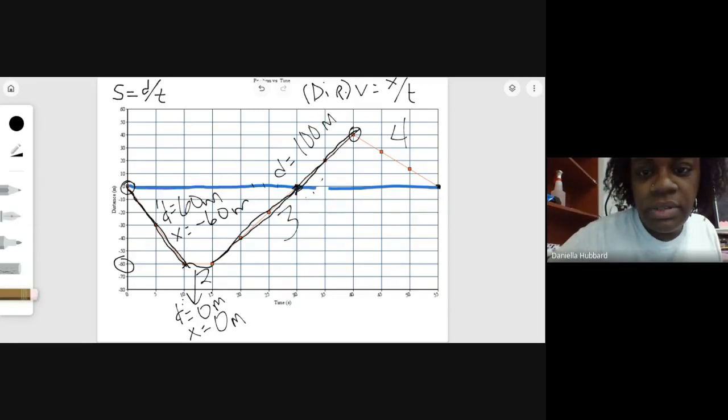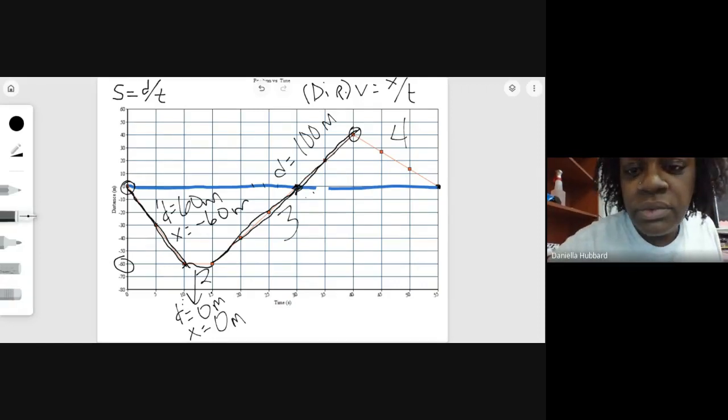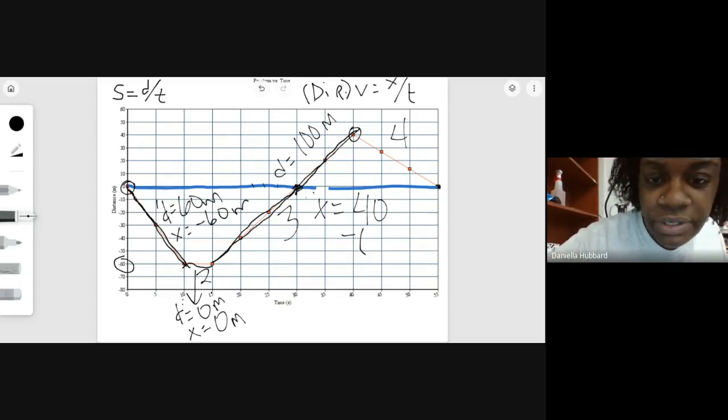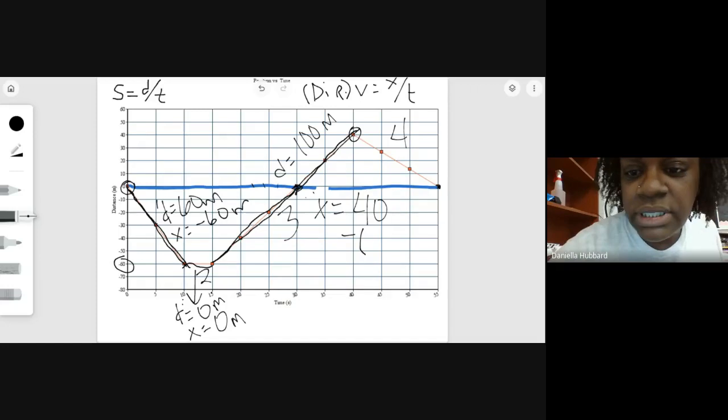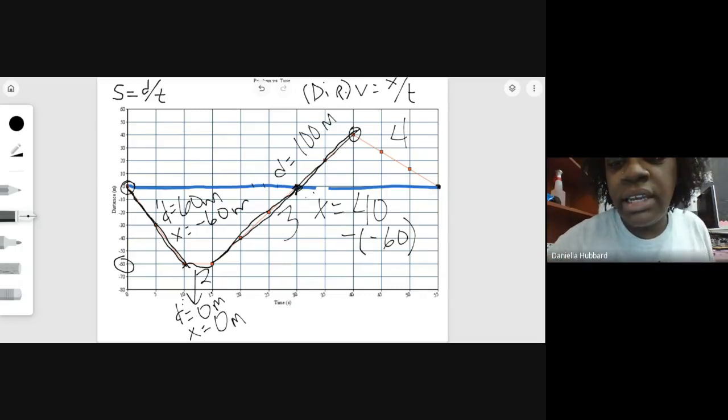So let me do this displacement down here so you can see the math. We ended at 40 meters. We subtract where we started for section 3, which is negative 60. And remember, going all the way back to basic math, when you subtract a negative, you are adding.